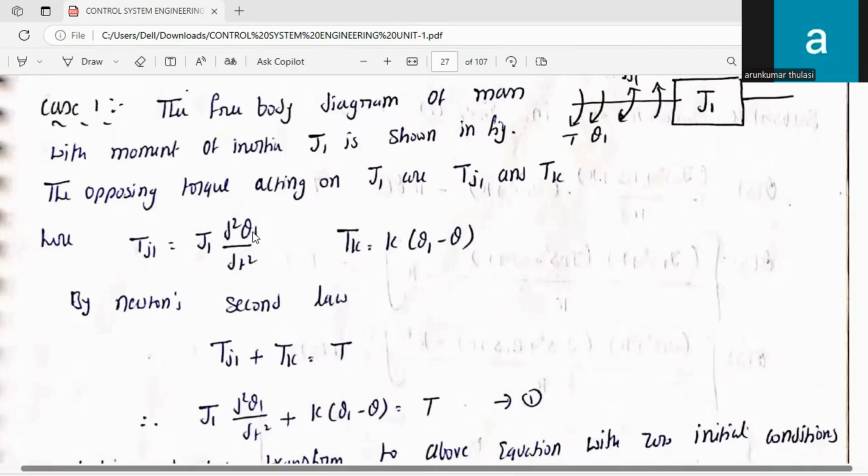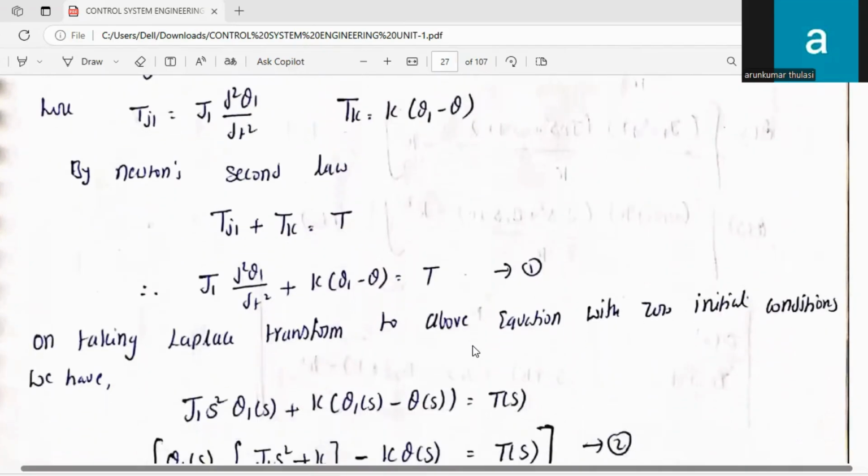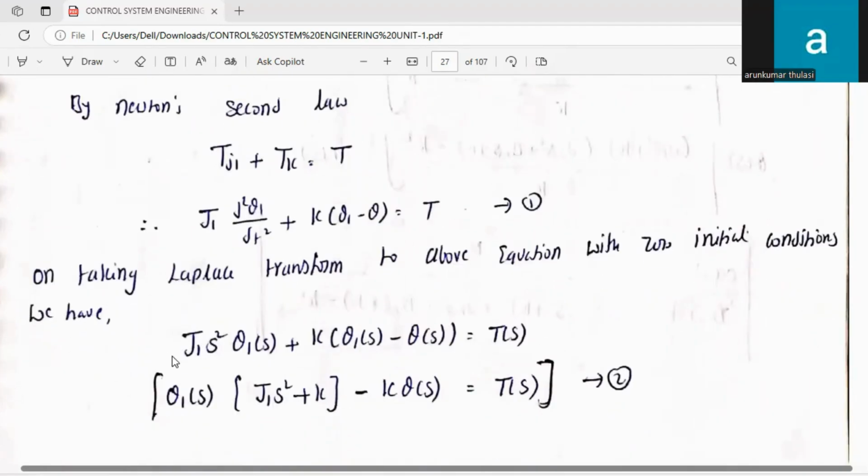Now, if you substitute the torque balance equations into this equation, we get J1 d square theta 1 by dt square plus K into theta 1 minus theta equals T. We represent this as equation number 1. Equation 1 is shown in the time domain, so we have to convert it to the S domain by applying the Laplace transform. Taking the Laplace transform of the above equation with zero initial conditions, J1 is a constant, so it stays the same, and the Laplace transform of a second order derivative gives S square.